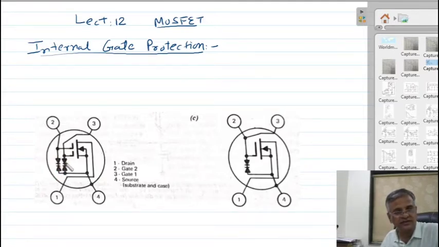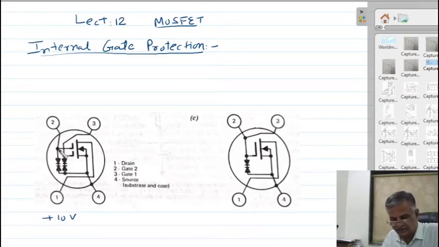It is designed in such a way that if the gate receives more than plus 10 volt, then the upper diode will conduct and the lower diode gives the Zener breakdown effect. So this excess charge will go to the ground through the source, from gate to the source like this.